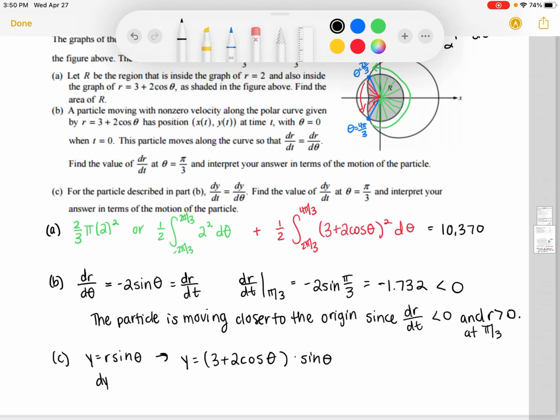Technically, this is a calculator question, so you could completely do the derivative in the calculator. I'll do this one part by hand. You're going to use product rule.